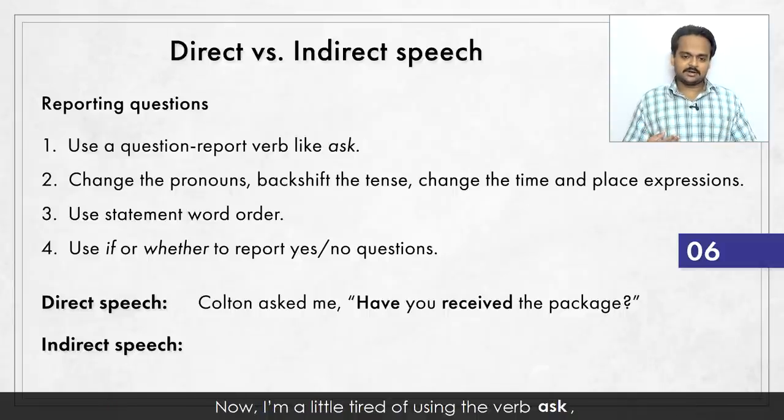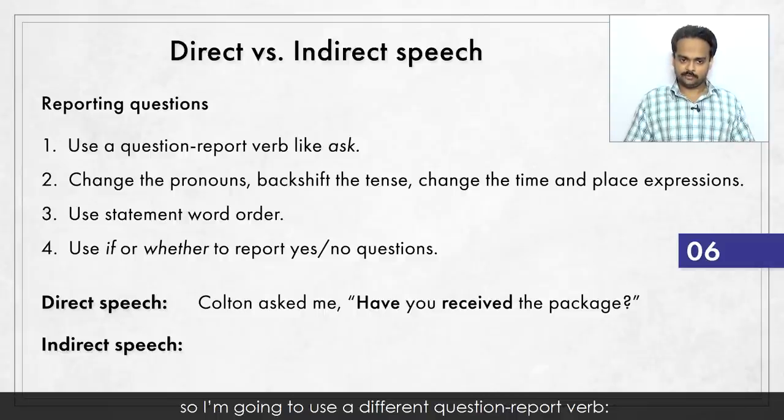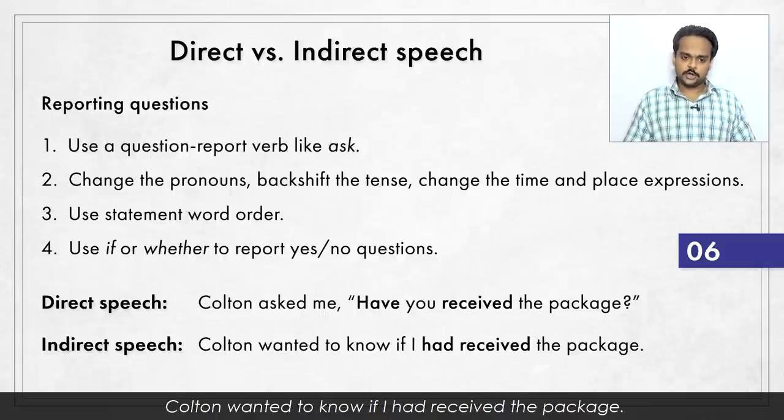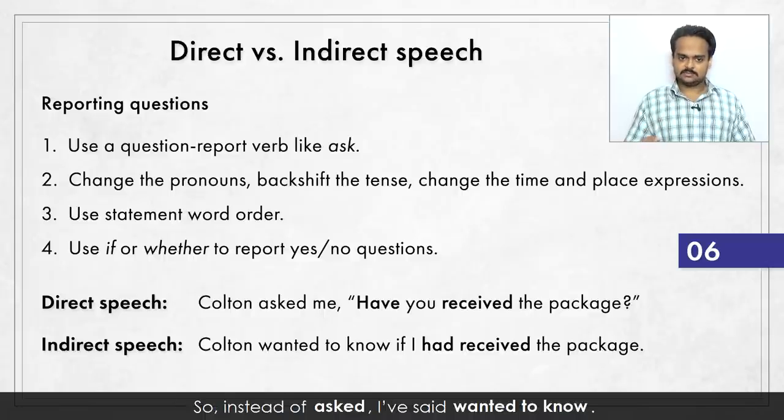Now, I'm a little tired of using the verb ask, so I'm going to use a different question report verb. Colton wanted to know if I had received the package. So instead of asked, I've said wanted to know. Then there's if, because this is a yes or no question. And the present perfect question in direct speech gets backshifted to a past perfect tense statement.